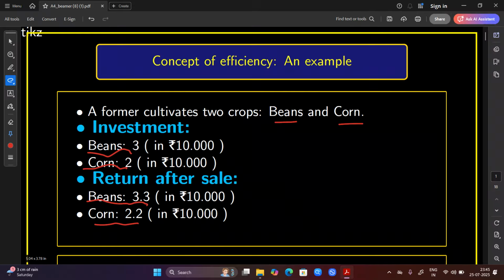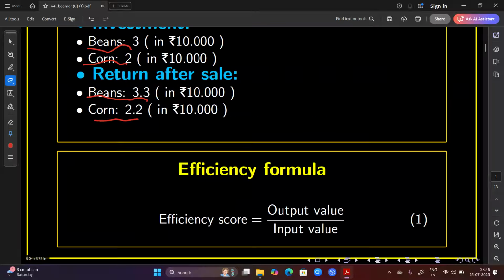But in this case, the investment is not the same, because for beans it is 3 units and for corn it is 2 units. Return after sale is 3.3 units for beans and 2.2 units for corn. So what to do in this type of problem? Next, I will go to the next slide.